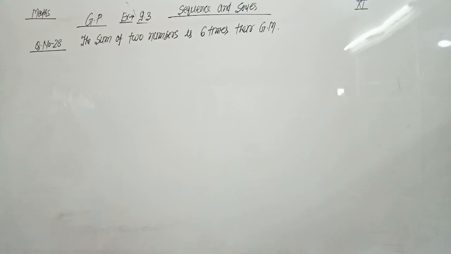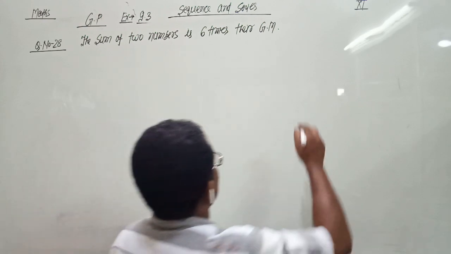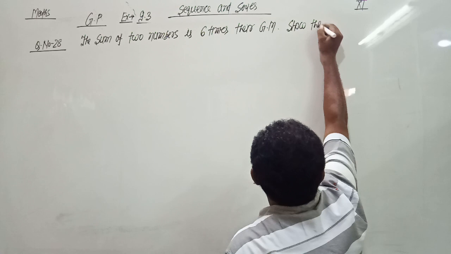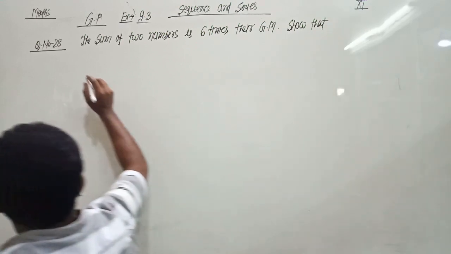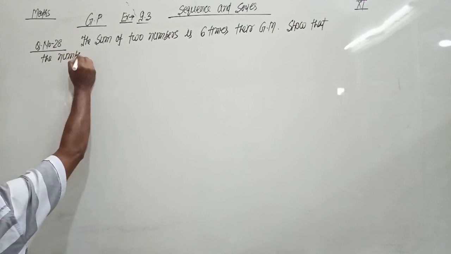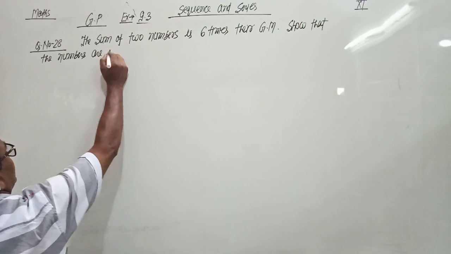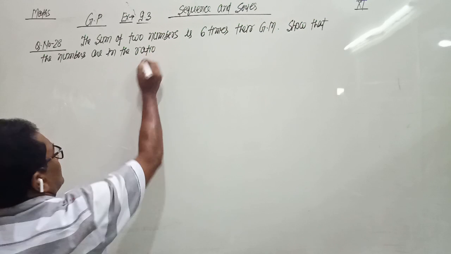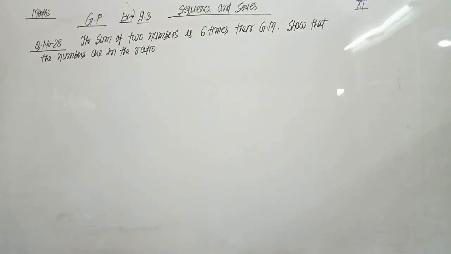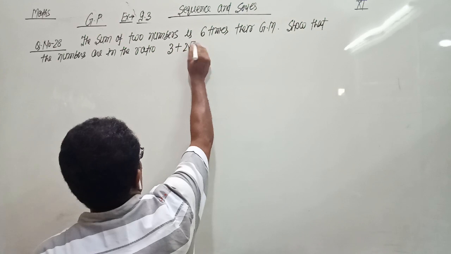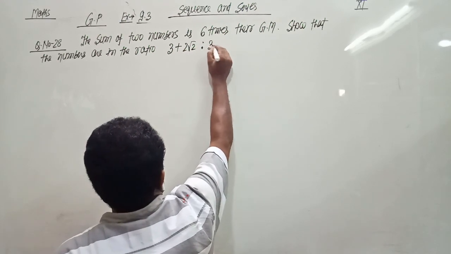Show that the numbers are in the ratio 3 plus 2 root 2 to 3 minus 2 root 2.